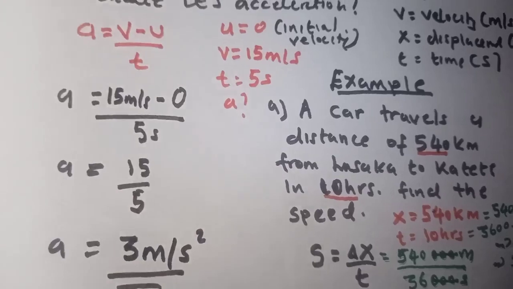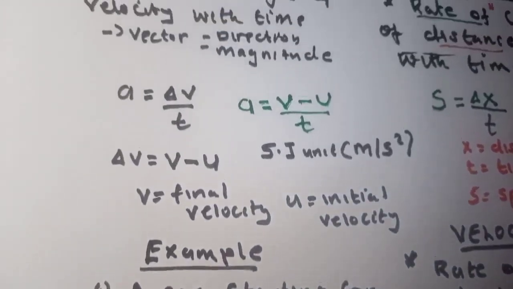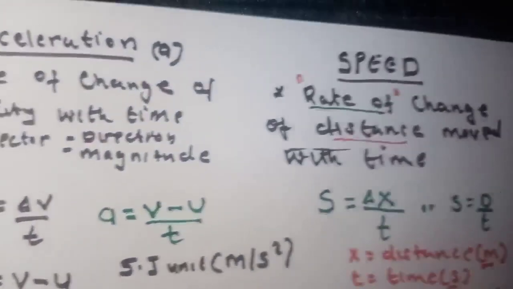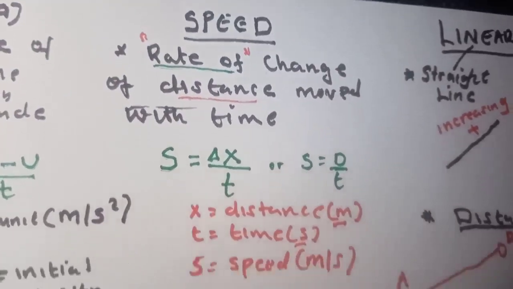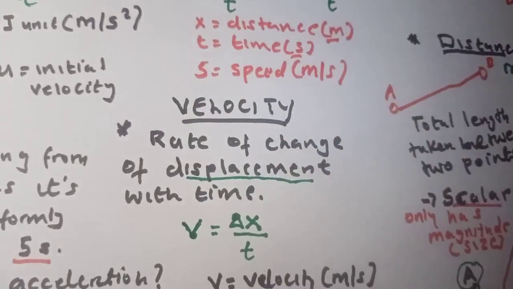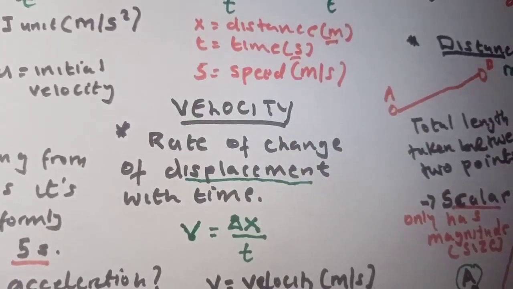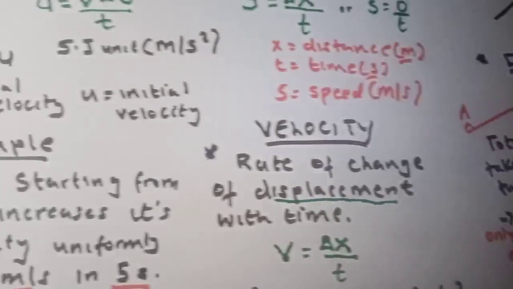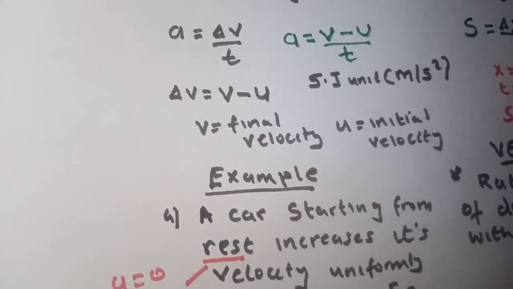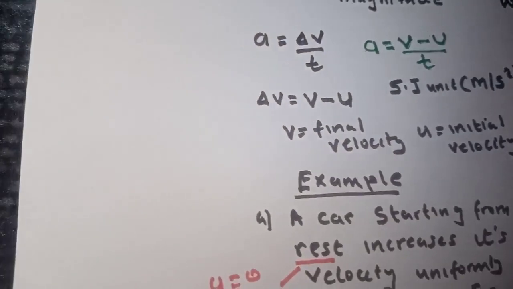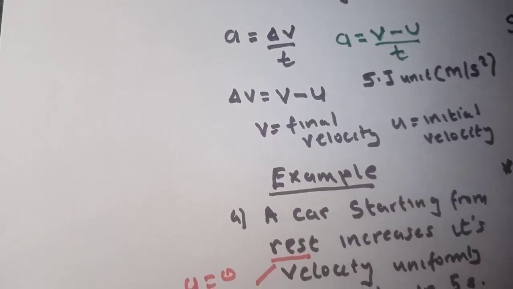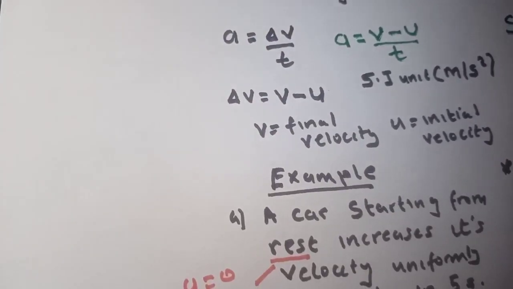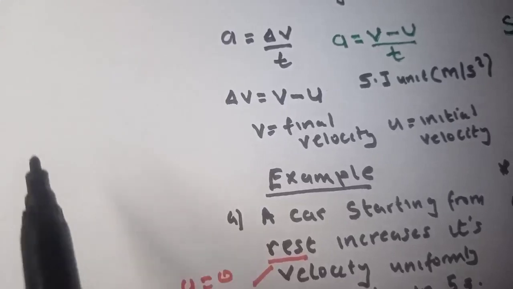So what have we looked at? We looked at acceleration, we looked at speed, we looked at velocity. Now before we end the video, let's look at what we call deceleration. Deceleration is under the same principle as acceleration.